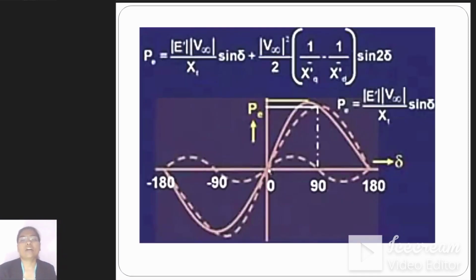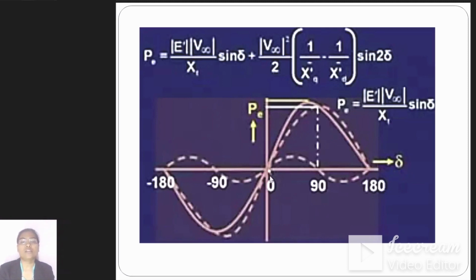So next we are going to see how the swing of the delta takes place, and how the electrical power transferred by this synchronous generator varies with respect to delta. This is your power angle curve, or you can call it a swing curve also.